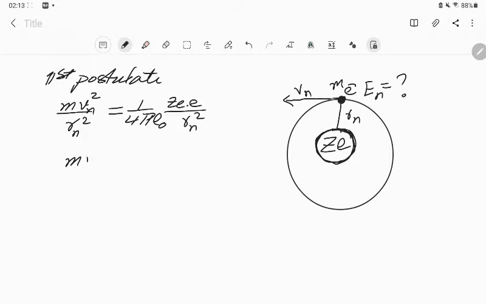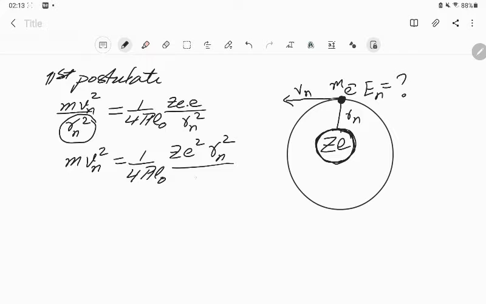So we will have m vn square by Rn, since it is mv square by r.